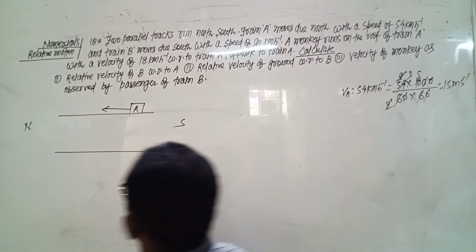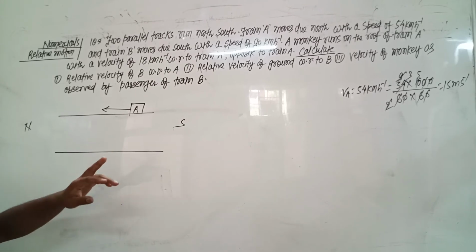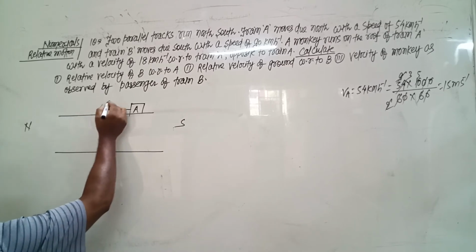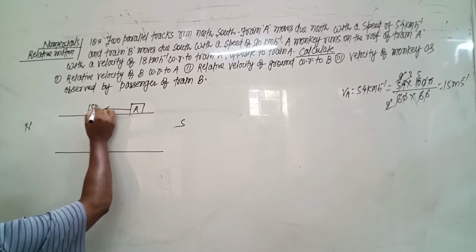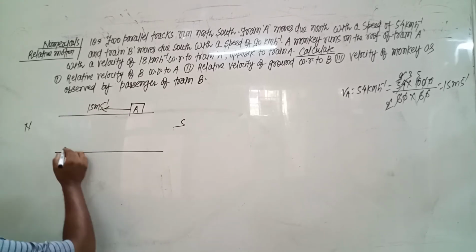Train A moves due north with a speed of 15 meter per second. And train B moves due south.